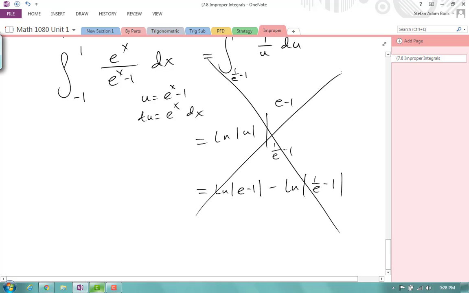And the reason for that is this is not a continuous function. Right here, if x is equal to 0, which it is, between negative 1 and 1, x does cross 0, then the function divides by 0.